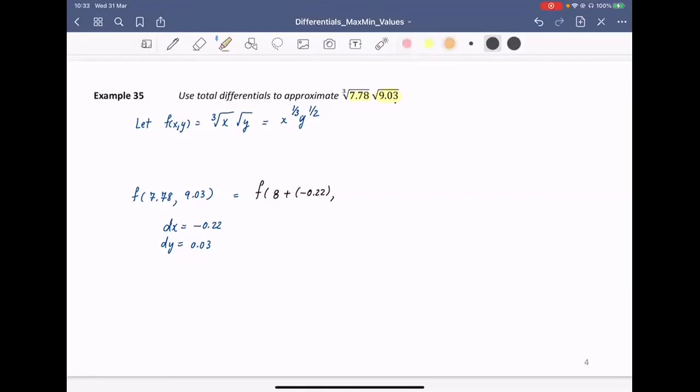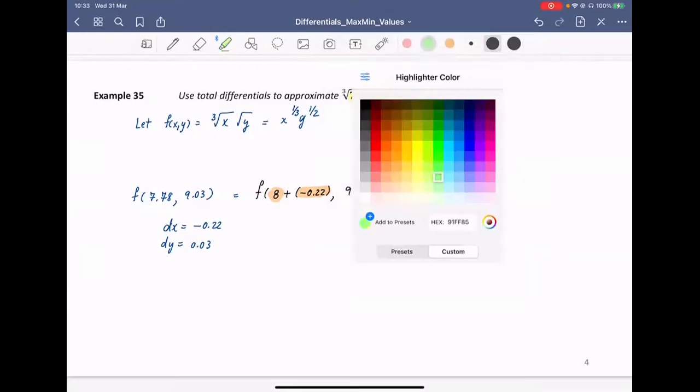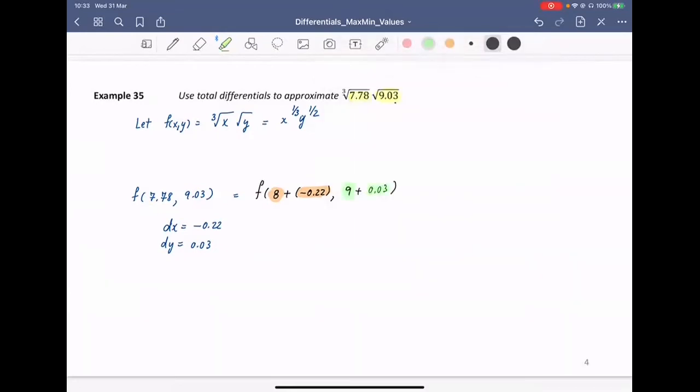Every time you do this, you need to bring the negative sign with you. Which is good now, because Purohit, Natsuki, Nida and everyone agree with the answer. So you already carry the negative sign. And then the next one, you have 9 plus 0.03. This topic is not hard, but you just need to be careful with the negative sign that you carry.